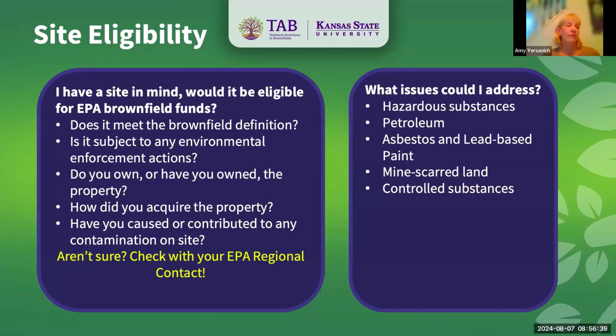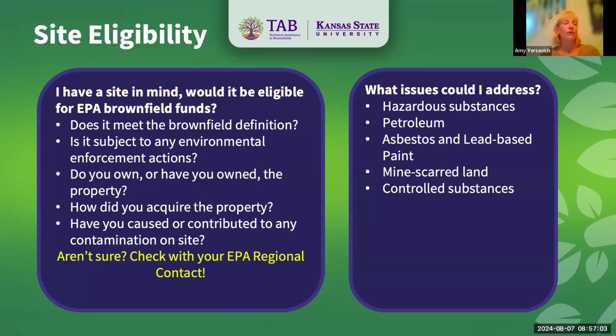And do they have any environmental enforcement actions? That can be at the federal or the state level. So contacting your regional EPA contact or someone such as Dan Joker, who started this webinar today, and some of his coworkers might be able to help you determine that if you don't know.